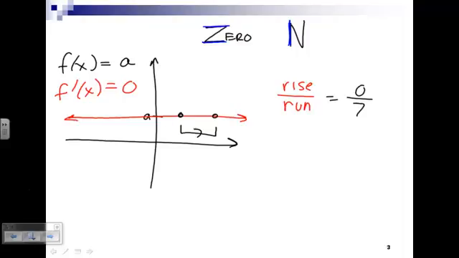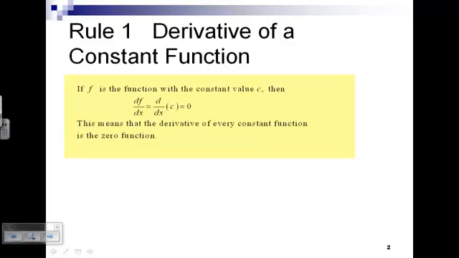I'm going to back up one slide. So, if f is a function with a constant value c, then df dx, which is a synonym for the derivative with respect to x of the constant function c, is equal to 0. This is absolutely just another way of saying what we just found out.